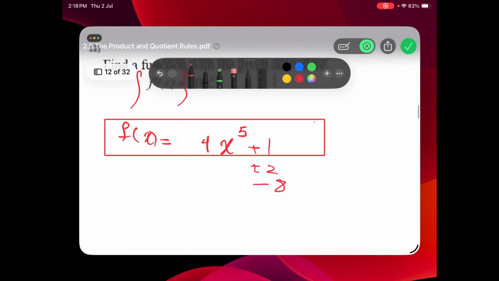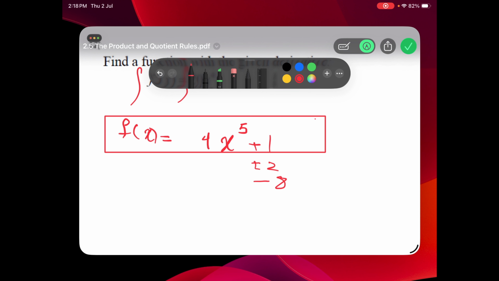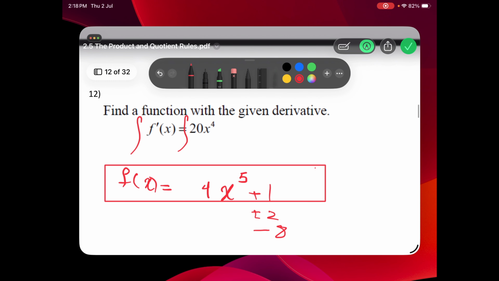Just to make things clear, there are infinitely many functions with this derivative of 20x to the power 4. It's like 4x to the power 5 plus 1 or minus 2 or minus 8 or any constant.